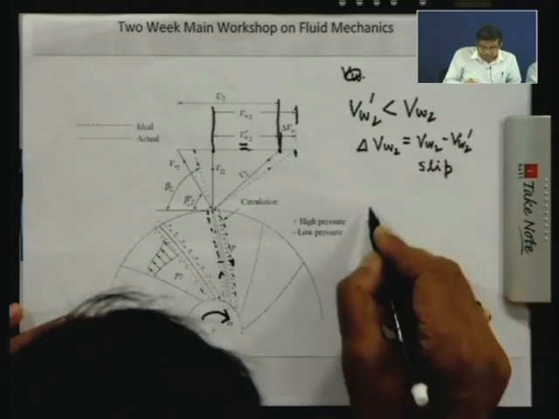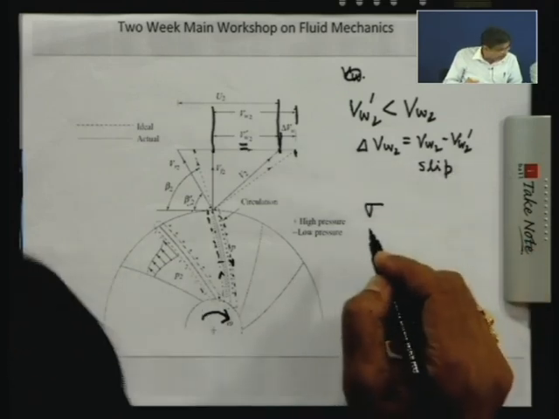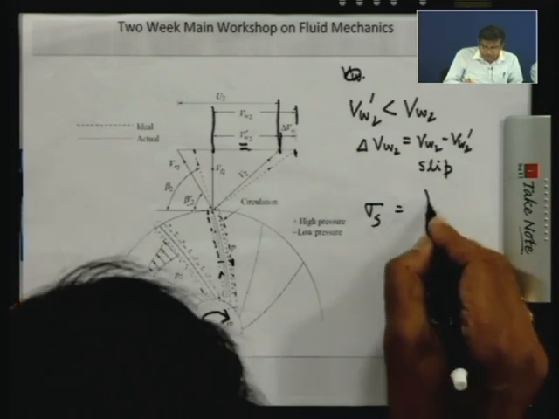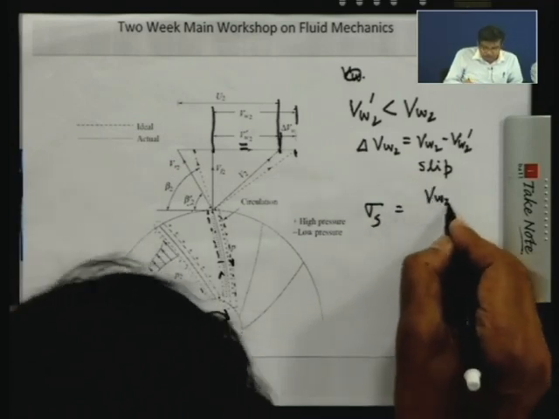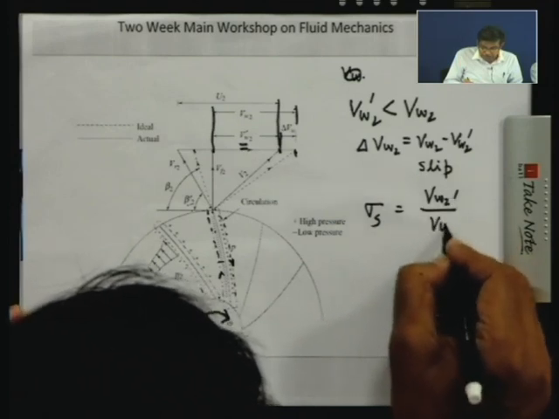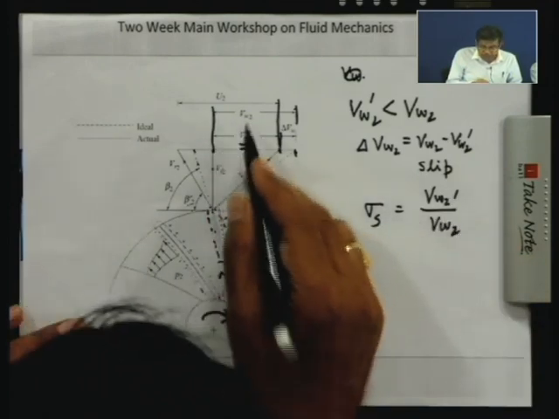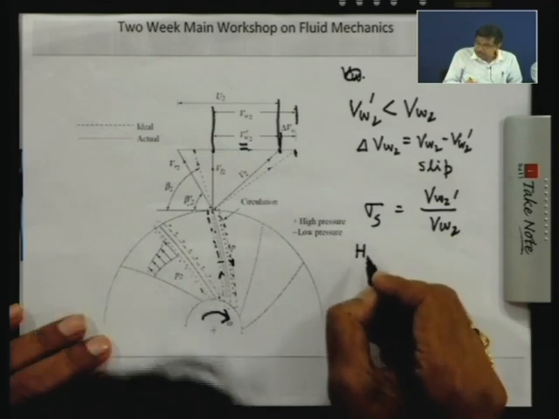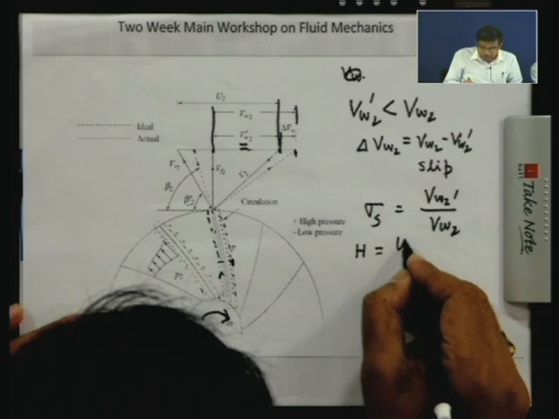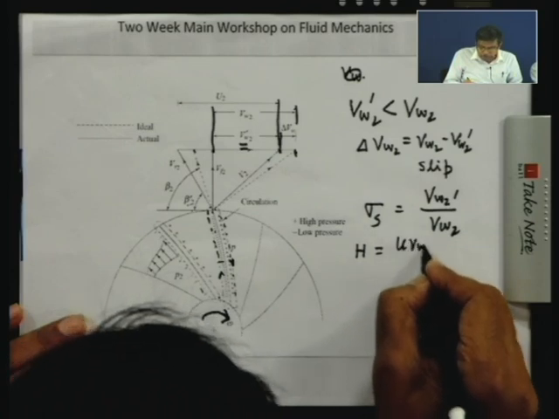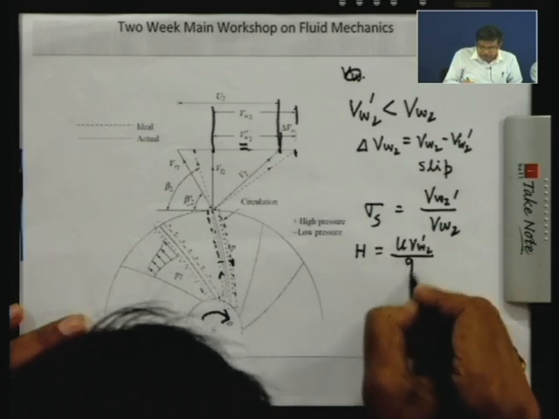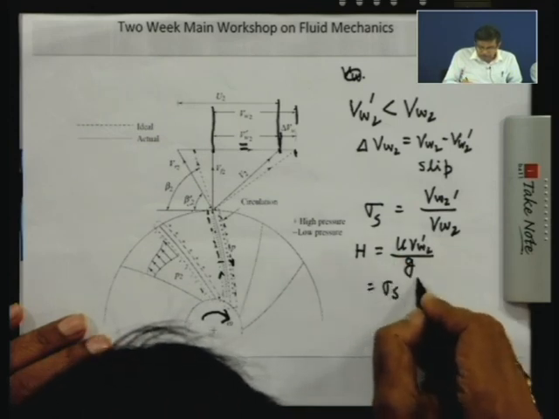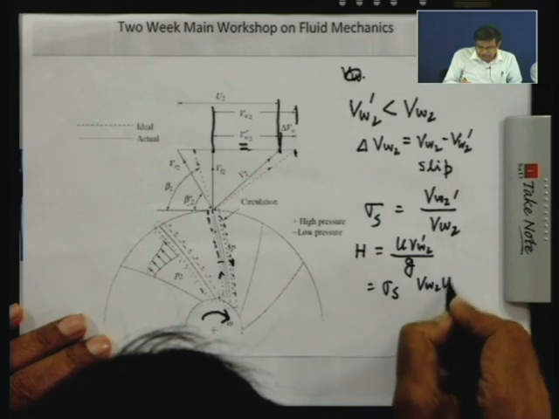And a parameter is defined as the slip factor sigma s, as the ratio of Vw2 dash to Vw2. Vw2 dash is less than Vw2. So, therefore, the actual work done or actual head imparted by the rotor will be u2 Vw2 dash divided by g, which is sigma s into Vw2, I write first, u2 by g.